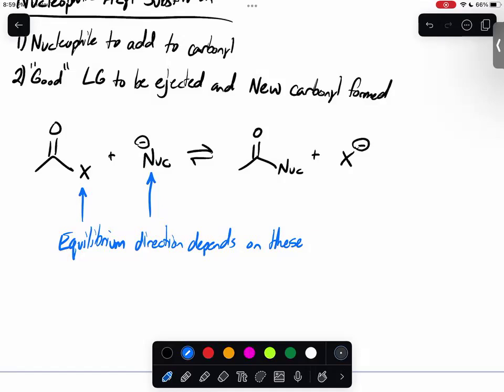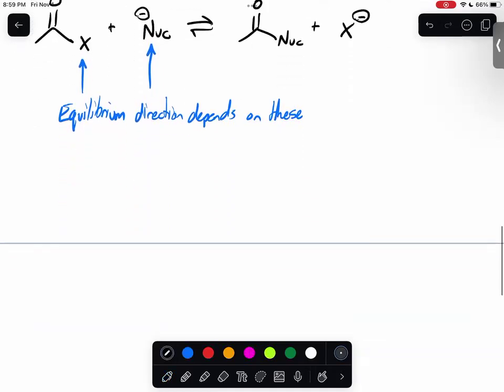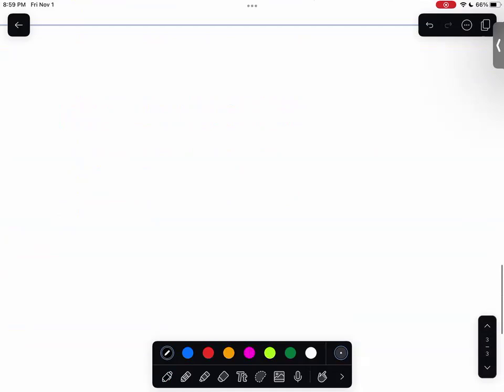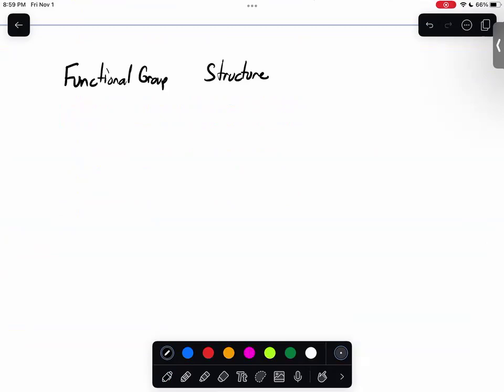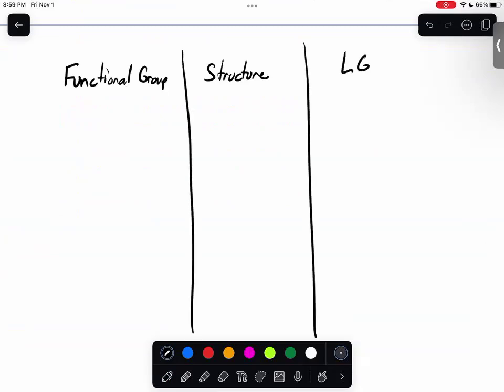So, we're just going to create a little chart here on the next page of functional groups, a structure, and then what should be the leaving group from that structure. The first one is going to be these acyl halides.